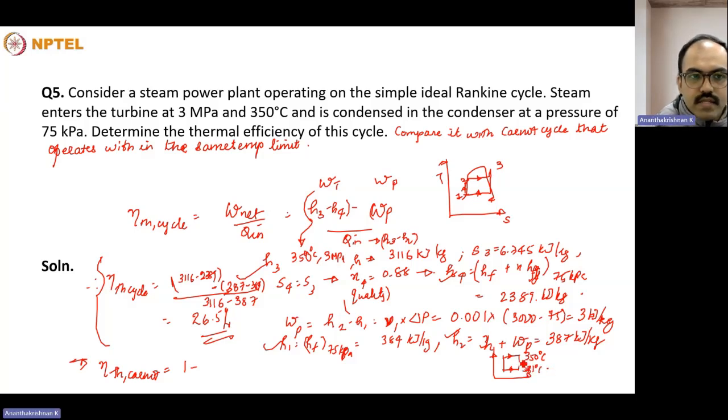So that's straightforward. It can be written as 1 minus T low divided by T high.